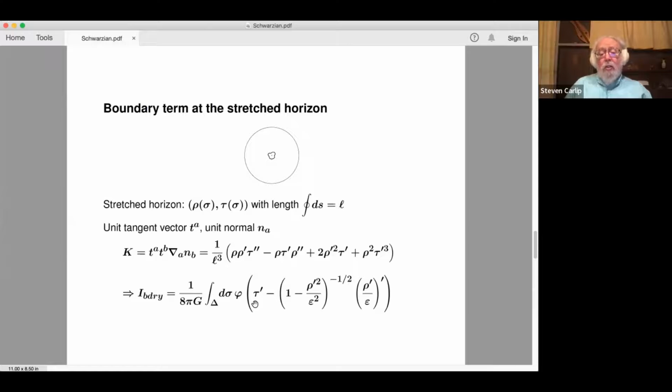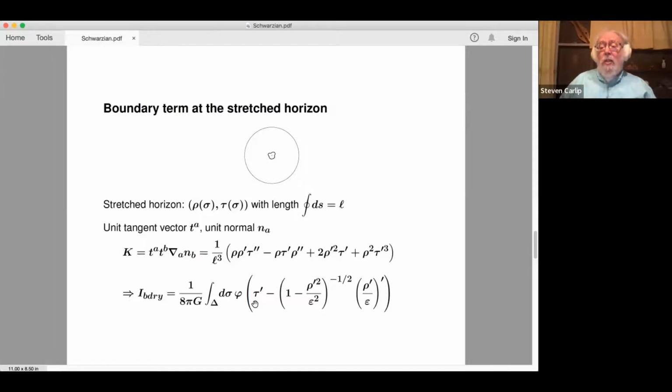The first term looks like a total derivative if phi is constant, but tau is a periodic function, so it integrates to 2 pi. That gives you, in the limit that your circle shrinks to 0, a boundary term of phi over 4G. Phi is the transverse area, so that's the standard Bekenstein-Hawking entropy, area over 4G. Gibbons and Hawking actually looked at a boundary at infinity, but you can just as well look at a boundary at the horizon to get that standard answer.